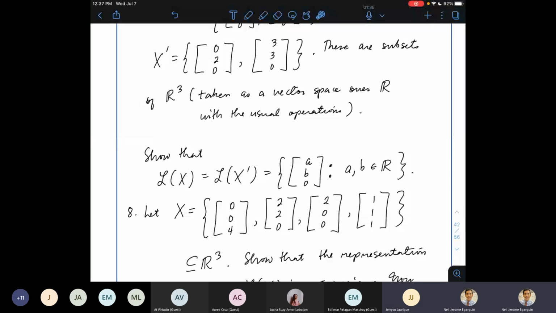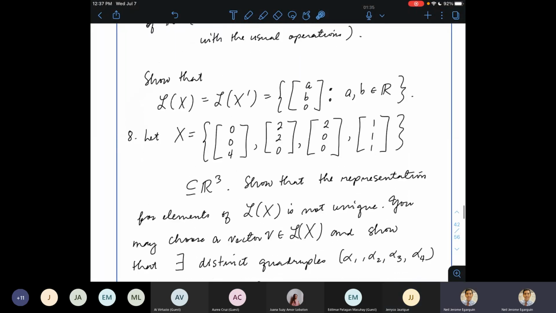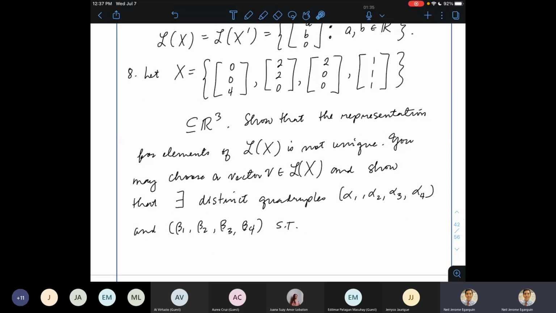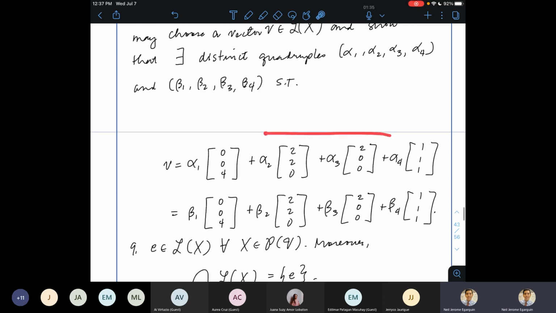Okay. But I hope you had an idea how to do number 7, all right? And then number 8 is claiming that the representation for the elements is not unique, all right? And then we said that you can prove that by showing that you can find distinct quadruples, alpha 1, alpha 2, alpha 3, alpha 4, and beta 1 until beta 4, such that this equation is true.